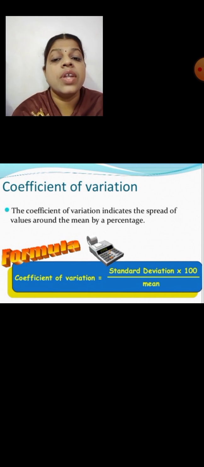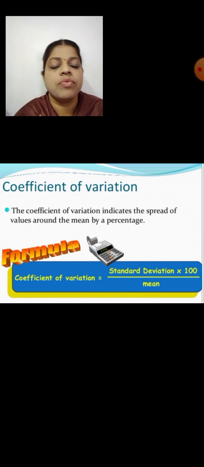Then the next measure is the coefficient of variation. This is the last measure that we have to discuss in this lesson. Here, the coefficient of variation indicates the spread of values around the mean by a percentage.